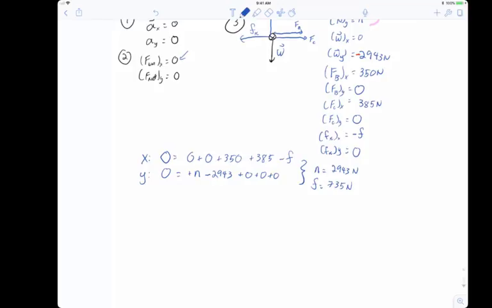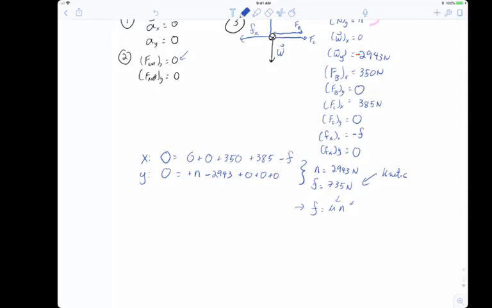Okay, so here's where things get fun. You know that this is kinetic friction, and so it's related to the normal force according to this law. Friction, that's a mu, that's an n.